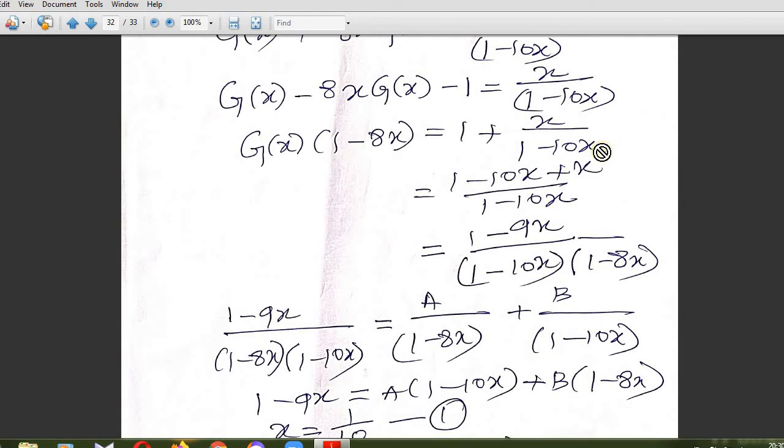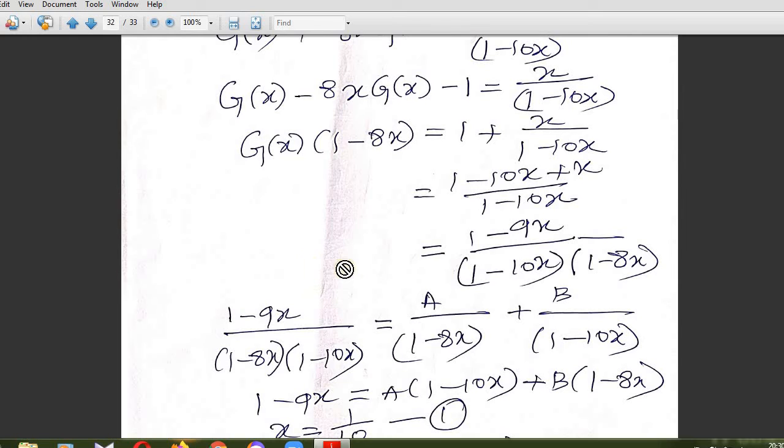Now cross multiply: 1 minus 10x plus x divided by 1 minus 10x. Now simplify this: minus 10x plus x is minus 9x. Therefore 1 minus 9x divided by 1 minus 10x, and bring this 1 minus 8x to this side.